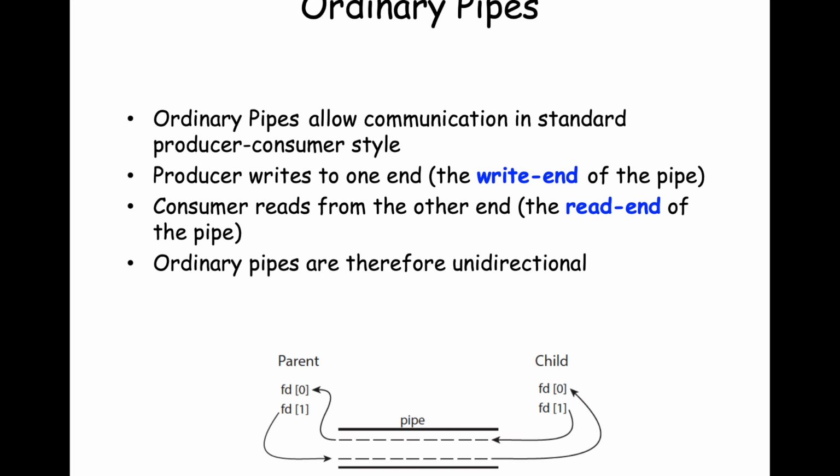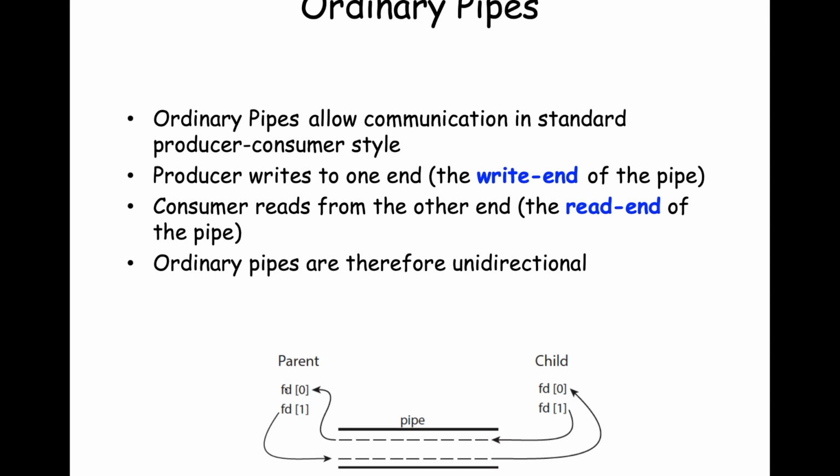The producer writes to one end of the pipe, the write end, and the consumer reads from the other end, the read end. So ordinary pipes are unidirectional. So we have this pipe data structure, we have our parent process, and that pipe takes the form of an array of file descriptors. There are two of them: one position that corresponds to the write end, that's always the second position, which is array index 1 in this array of file descriptors.